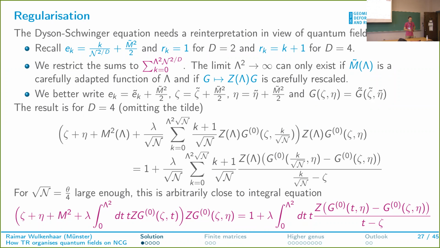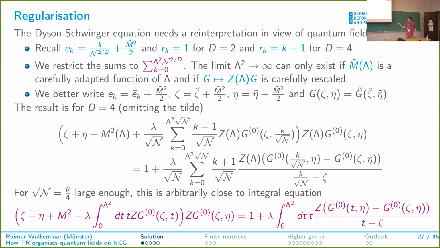G0 is not the propagator. It's the complete sum of all Feynman ribbon graphs which are planar, added up. That's the planar part, and they are renormalized.